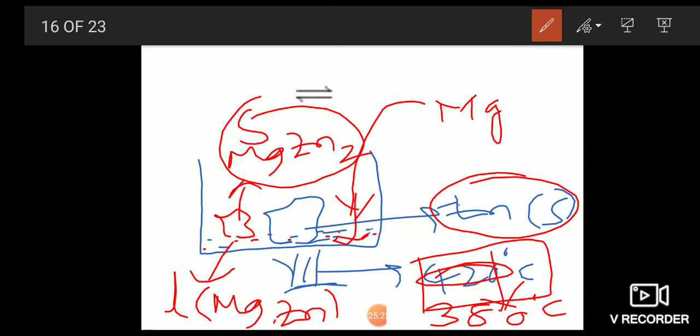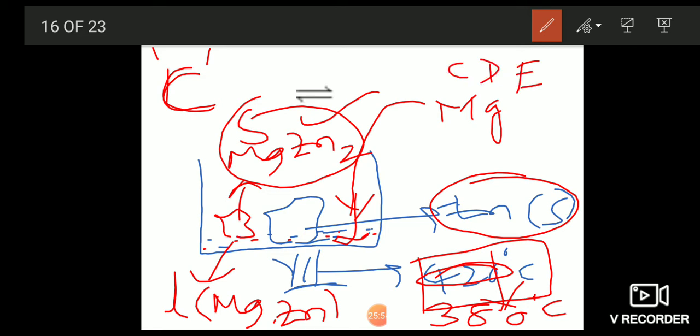That is, after reaching the point C, the situation is becoming like that. A new phase, solid MgZn2, starts crystallizing from the melt. Then three phases are present at point C. After C, we are observing the CDE curve.